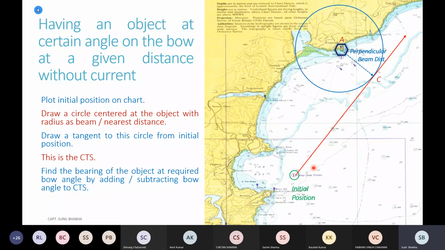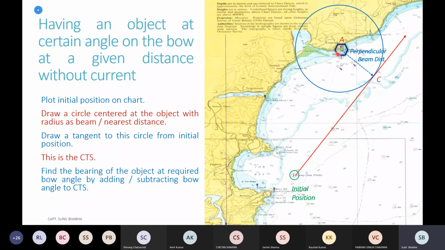Now, when we do this, we will obtain the bearing of that particular object. So find the bearing of the object at the required bow angle by either adding or subtracting the bow angle to the course steered.